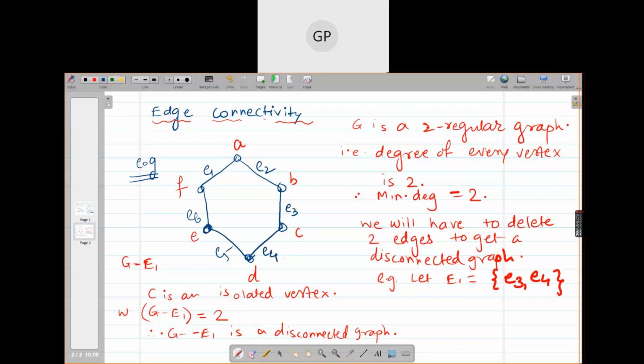Then also the graph becomes disconnected. We need to check that. I think it will become disconnected. See. E3 and E6 also. It will become disconnected, right? Yes, ma'am. Yes. So you need to explore it, okay, girls?